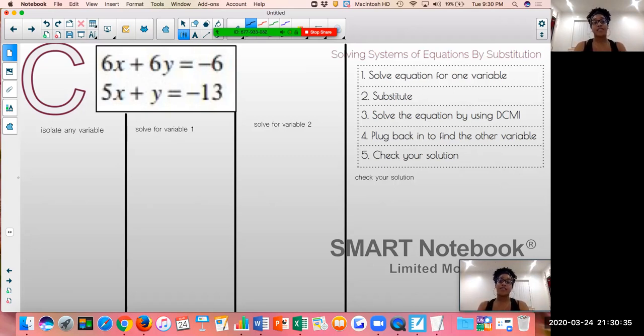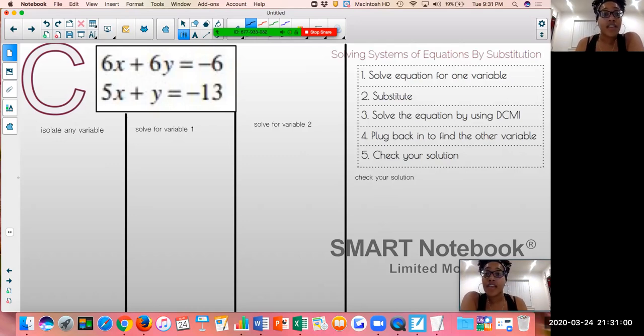So in this set of equations, neither variable, neither x nor y, is isolated. We said isolated means it's all by itself on one side of the equal sign. That is not the case here. There is something on both sides of the equal sign happening, right? So what we need to do is figure out which variable to isolate.